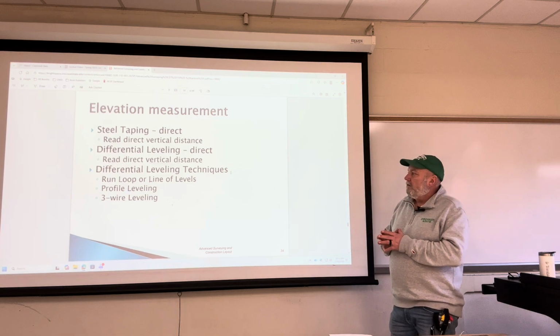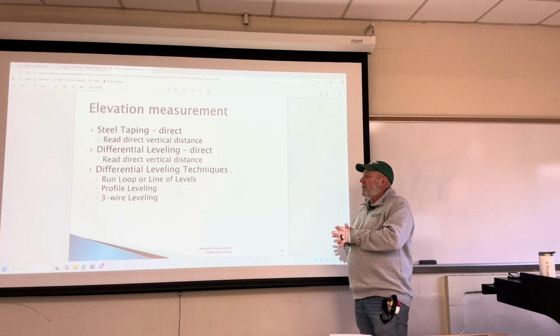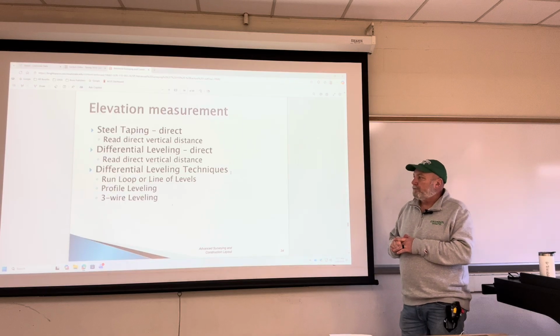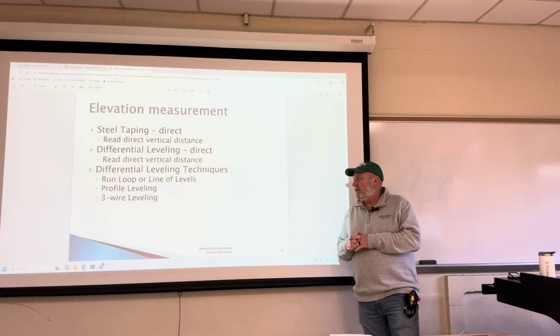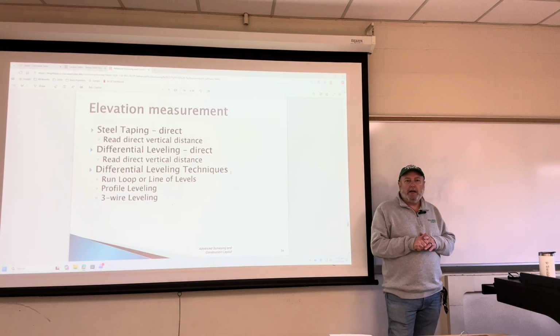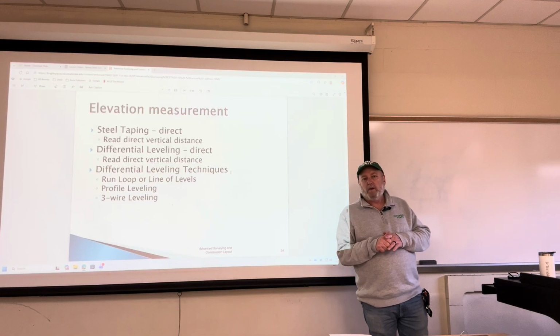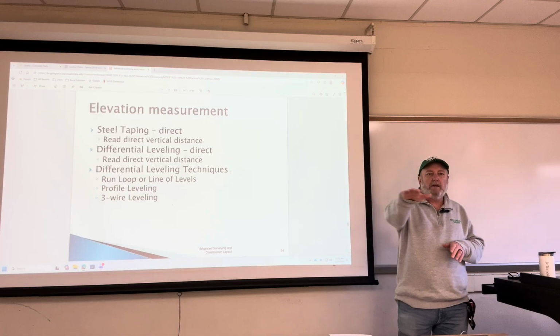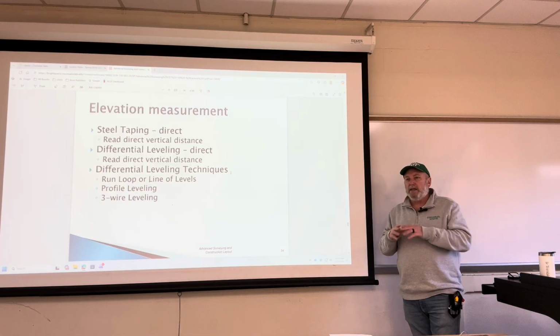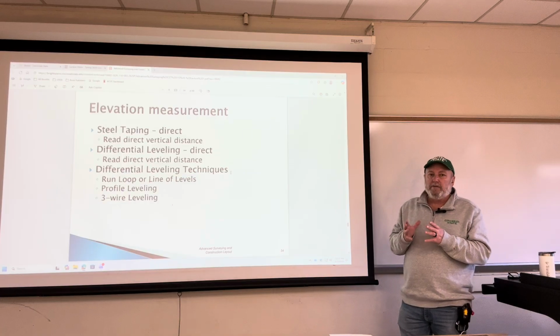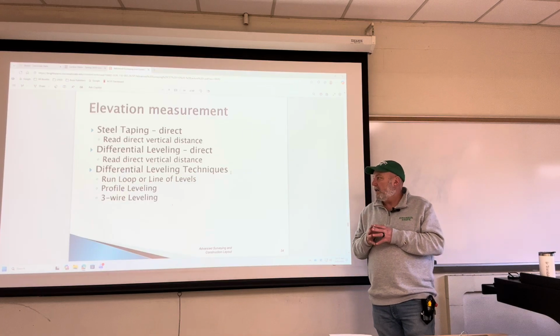Some differential leveling techniques are running what we call level loops. What that will incur is we'll start at a known elevation, transfer elevations around known points of unknown elevation, and tie back into that benchmark for our closure to verify that we ran everything correctly.